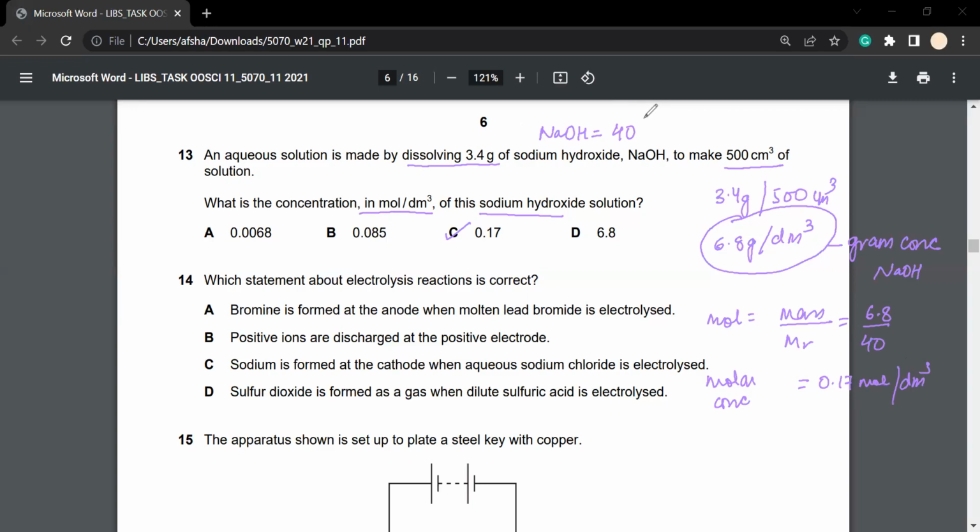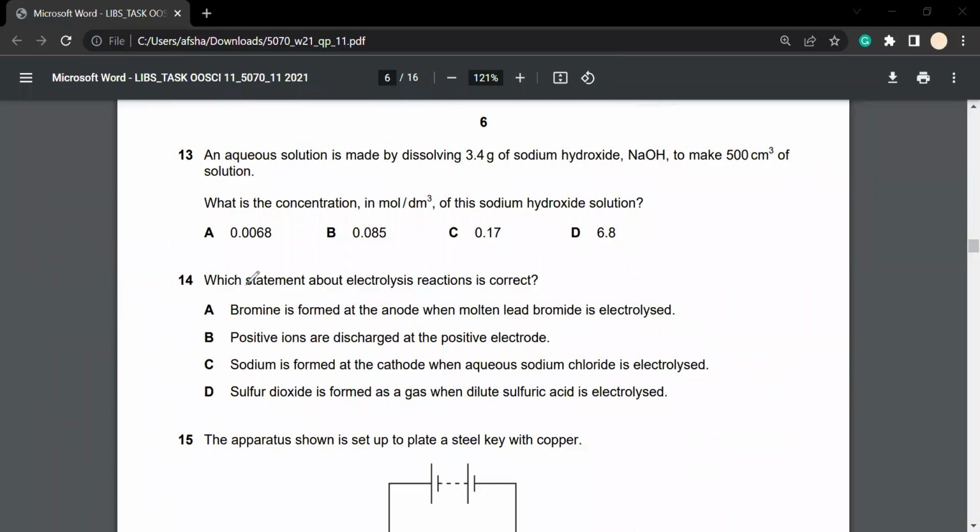Correct option is C. Question number 14, which statement about electrolysis reaction is correct? Now bromine is being formed at the anode. At the anode always anions go, and at the cathode always cations go, and cations are basically positively charged.